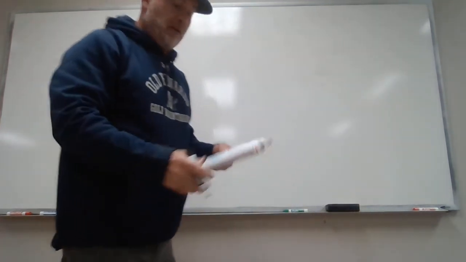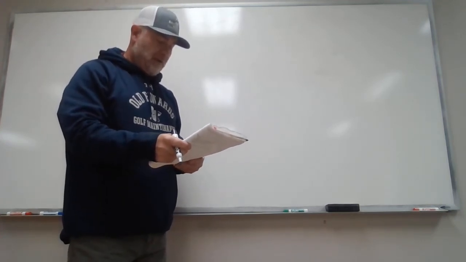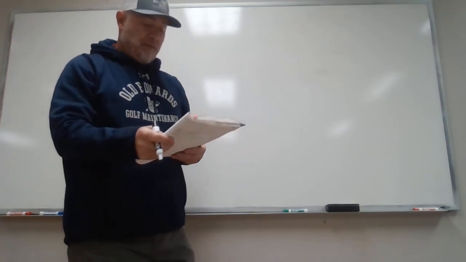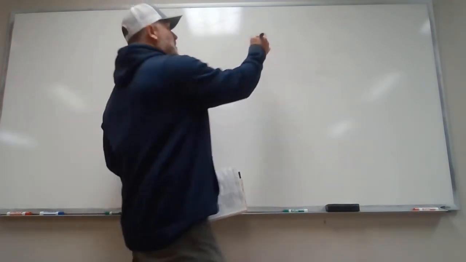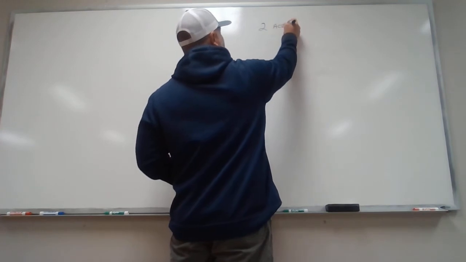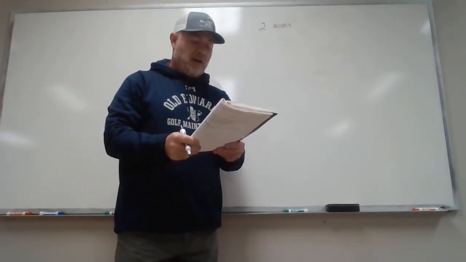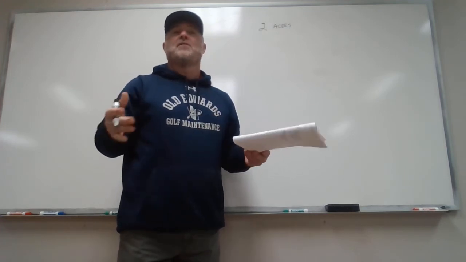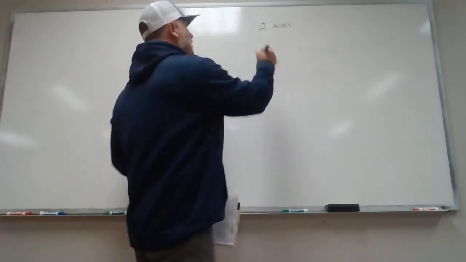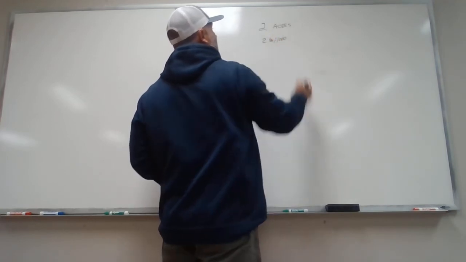Now, this one. Okay, here we go. Determine the amount of granular insecticide needed to treat 2 acres. So we have 2 acres. And the label rate calls for 2 pounds per 1,000 square feet. 2 pounds per 1,000.